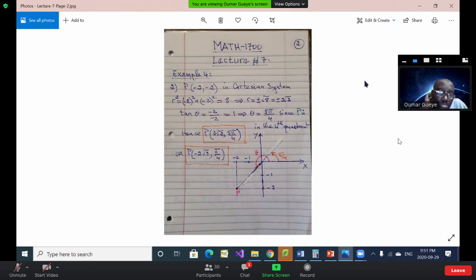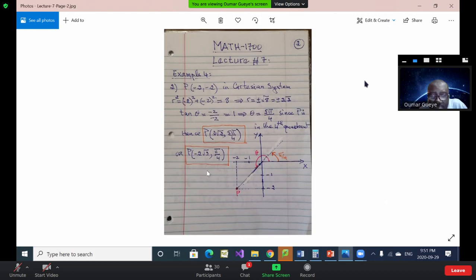Sir, why is the polar coordinate not -2√2, 5 pi by 4? No, because if you take 5 pi by 4, the point is already here.